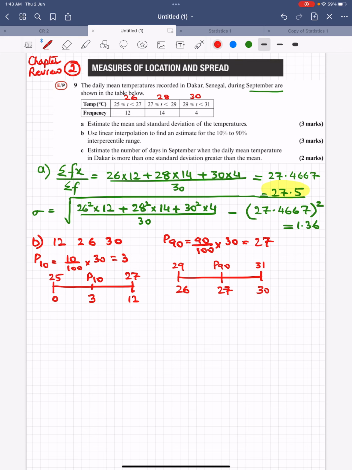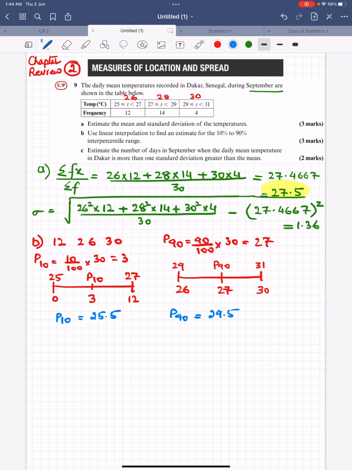So the 10th percentile P10 after calculation is 25.5, and the 90th percentile P90 after calculation is 29.5.